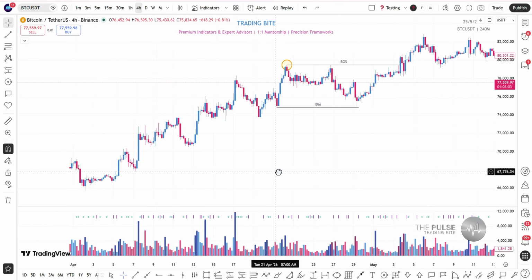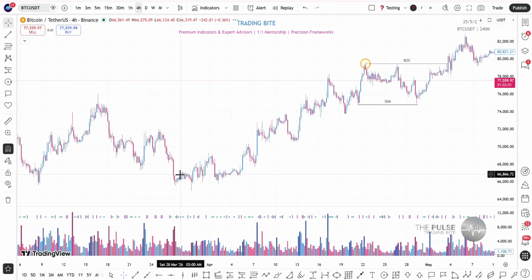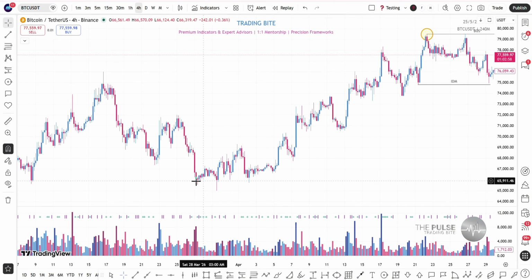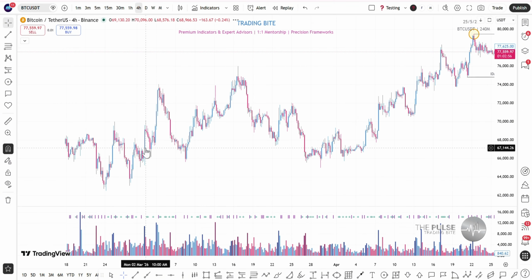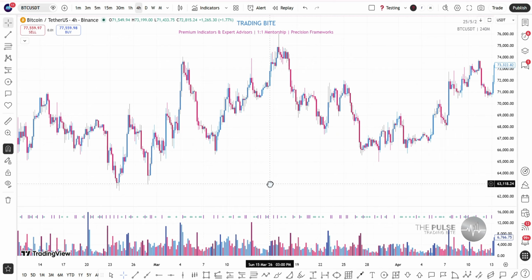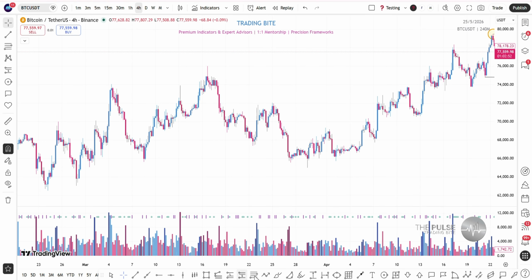Now let's take another example from somewhere here. Let's assume we have our swing point right here. This is our most recent swing point.